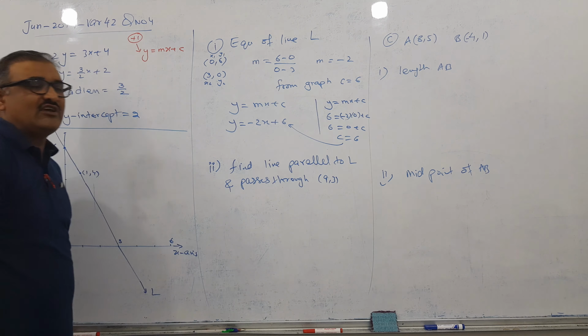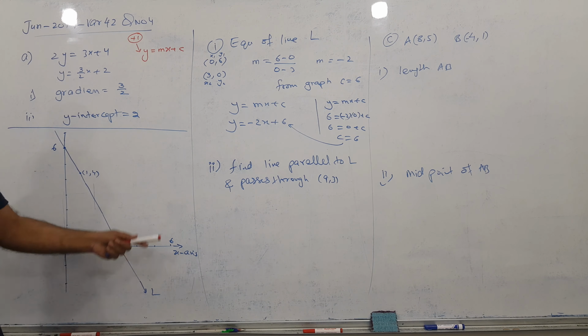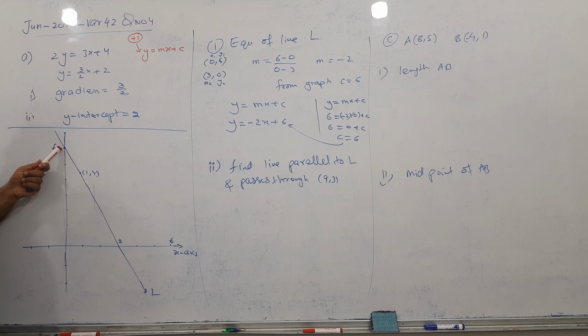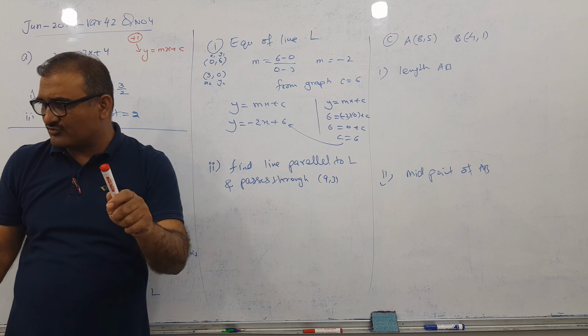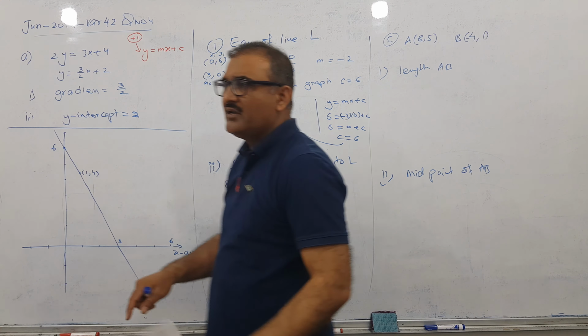So we have two methods: one direct method and one indirect method. In the direct method, if the graph is given, I can take the direct number, no need to work out. Way number 2 is to work out: write the equation of line formula, put the m value there and put any point. For example, 0, 6, or 3, 0. No problem, correct answer.